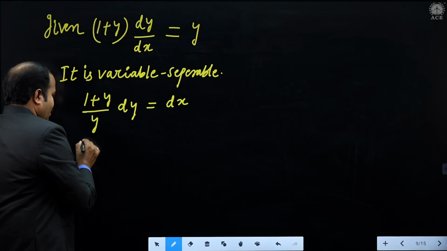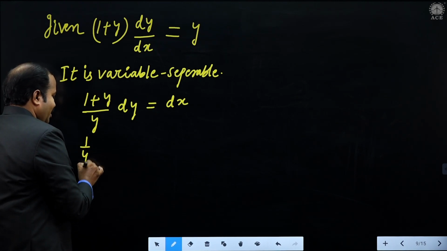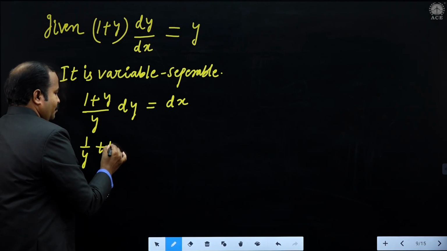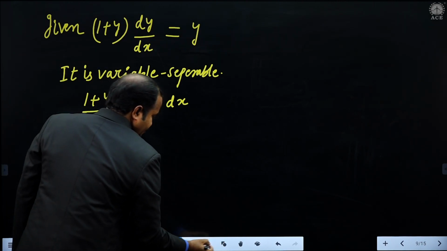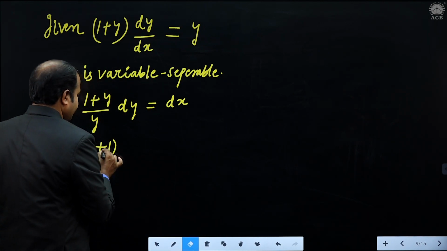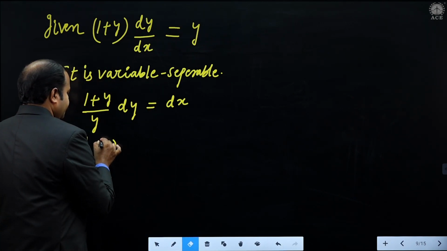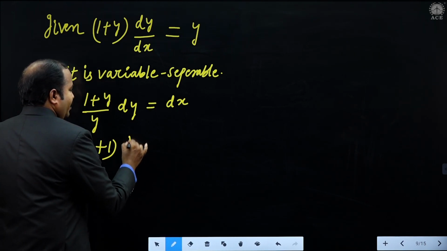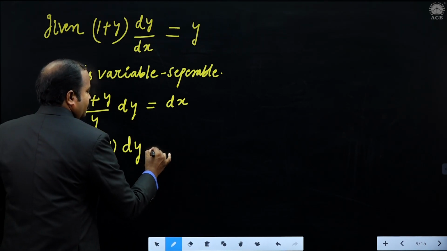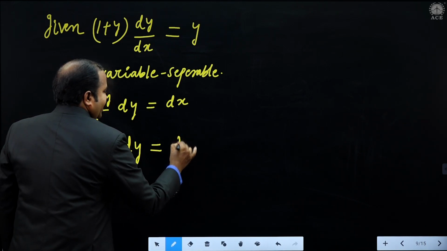So we can write this one again as (1 by y plus 1) into dy equal to dx.